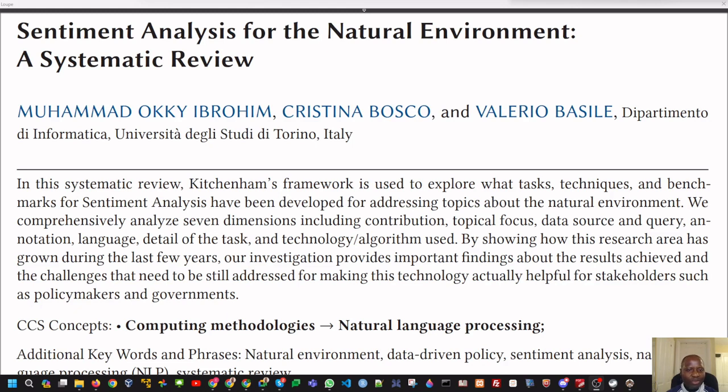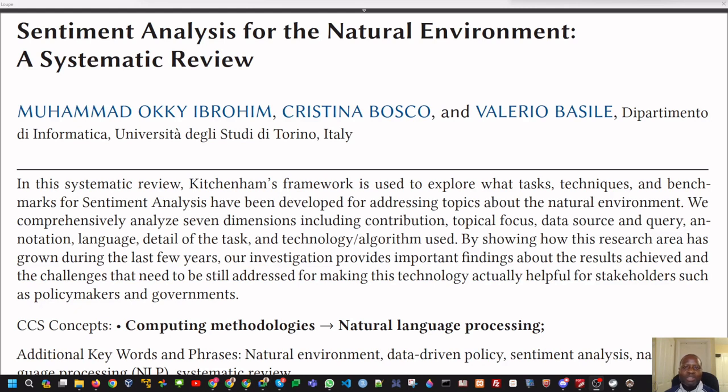Of course, if you look at the abstract, they are performing a systematic literature review based on Kitchenham's framework, which guides them in exploring, for instance, what tasks, techniques, and benchmarks exist for sentiment analysis. But the focus, of course, is the natural environment.